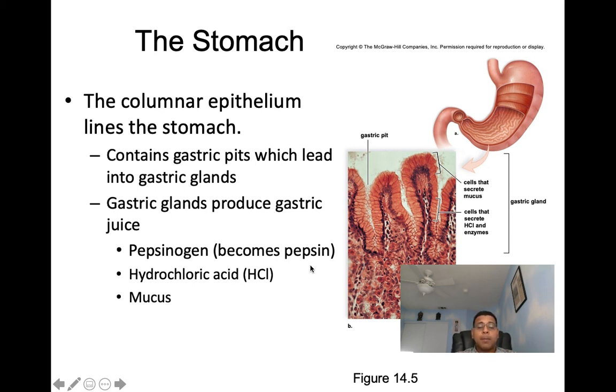We're also going to see inside of here hydrochloric acid, which is going to contribute to the acidity, and mucus. The high acidity of the stomach, we'll see it has a pH that ranges around 2, is also going to be beneficial because it's going to help kill most of the bacteria and other microbes that may enter our gastrointestinal tract via our food. So here, let's look at this in greater detail.